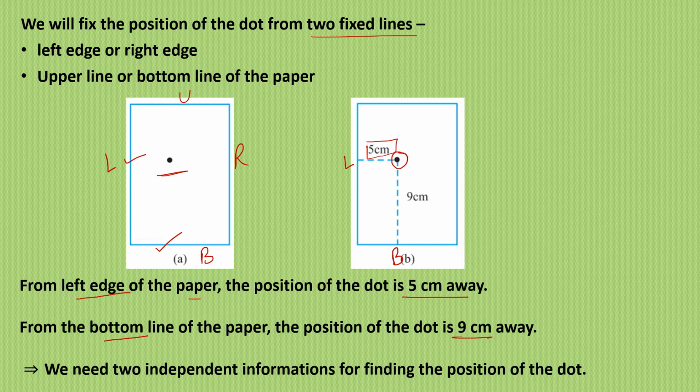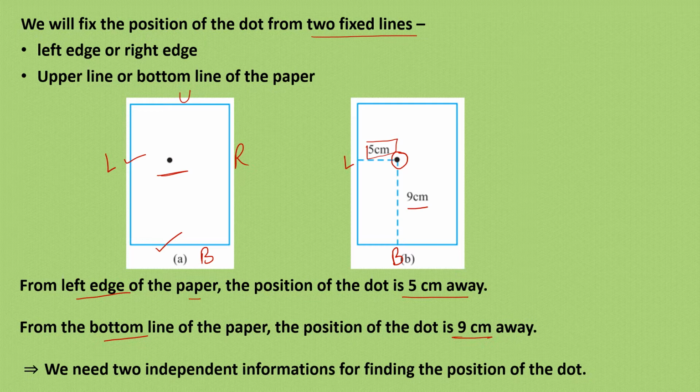So from this bottom line, the position of the dot is 9 centimeter away. Now you can see here, when we are finding the position of this dot, we have found the position of the dot from two fixed lines. From the left line, its distance is 5 centimeter, and from the bottom line, its distance is 9 centimeter.